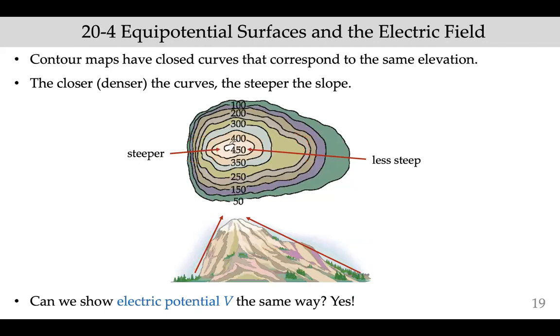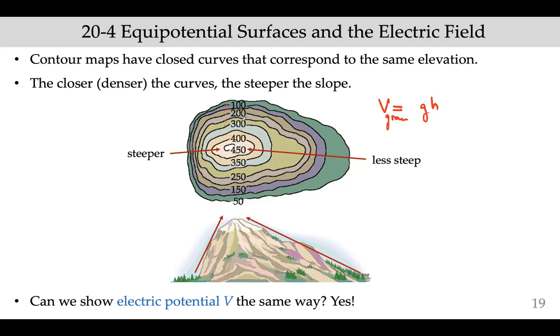Of course, if you change the curves, the potential changes. In this case, the height changes, which is related to potential. Remember, for gravitation, for gravity, it was g times h. So g is some constant, so potential depends on h, the height.